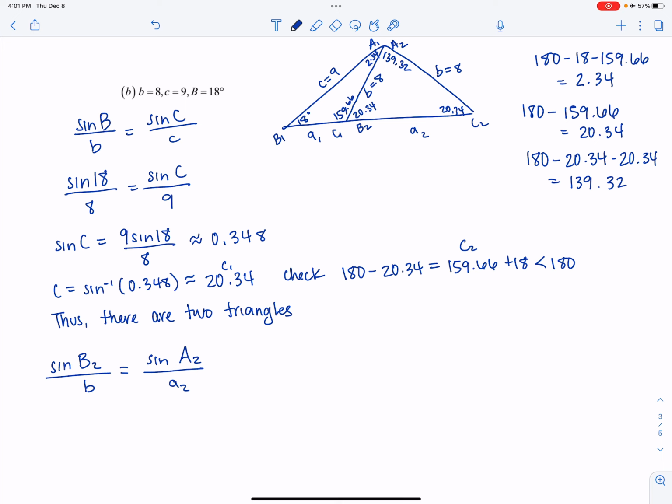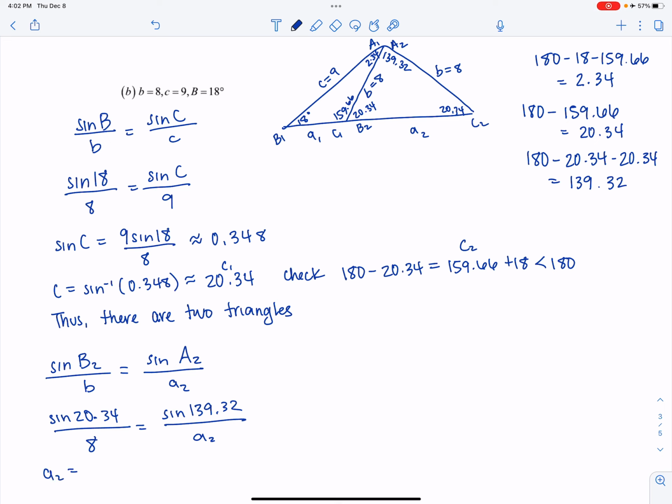Okay, so B2 is 20.34 over B, which is 8. Sine of A2 is sine of 139.32 over that little a. And we can do our cross multiplication.